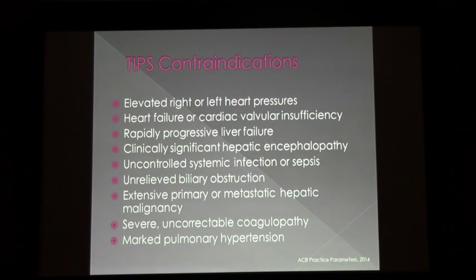Contraindications: elevated right and left heart pressures, heart failure and cardiac valvular insufficiency, rapidly progressing liver failure, clinically significant hepatic encephalopathy, uncontrolled systemic infection and sepsis, unrelieved biliary obstruction, extensive primary or metastatic hepatic malignancy, severe uncorrectable coagulopathy, and marked pulmonary hypertension.